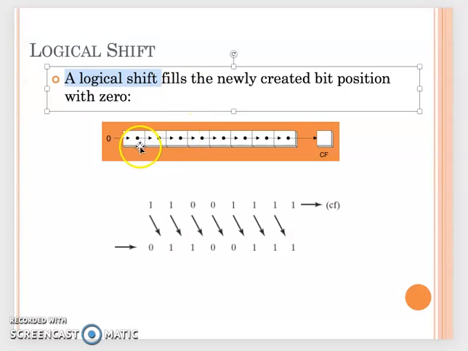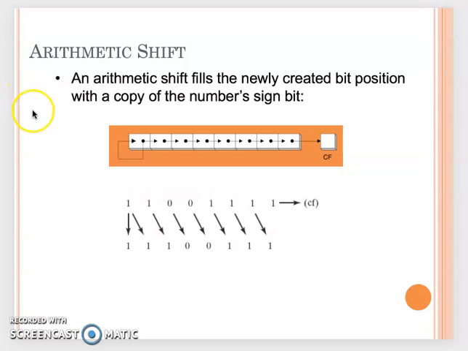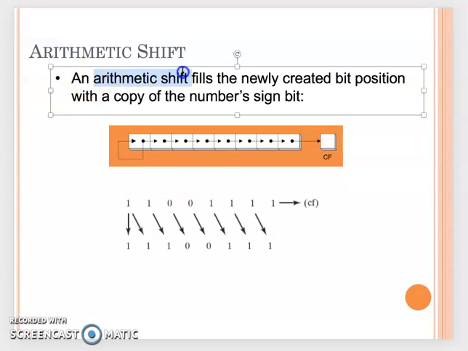Here, one thing is when we shift to the right, the least significant bit also shifts out. It always shifts into the carry flag. When we have the opened-up space and fill it with 0, that's logical shift. But with the arithmetic shift, we fill the newly opened-up position with the sign bit of the original value.